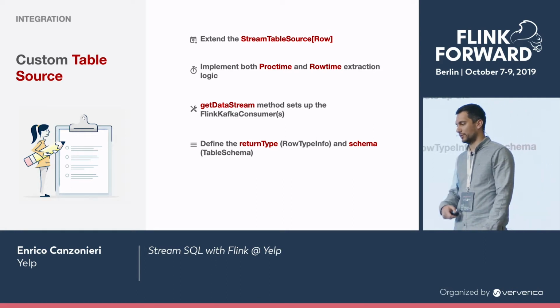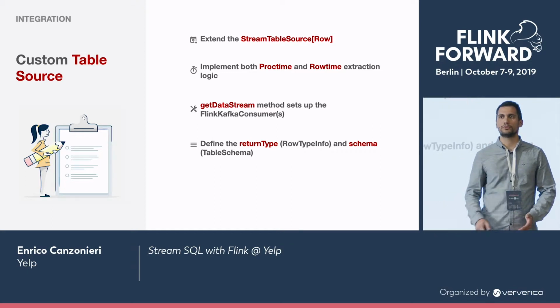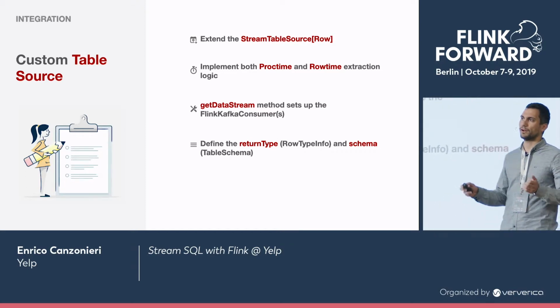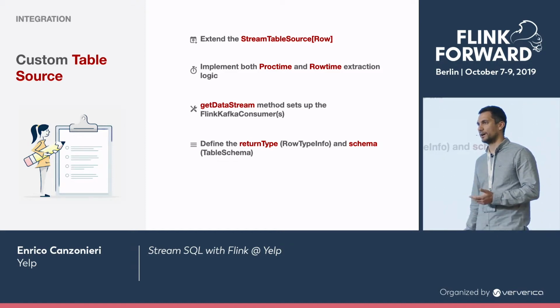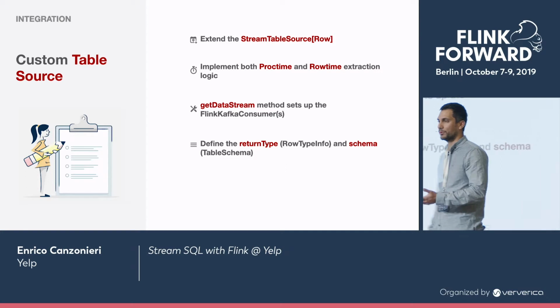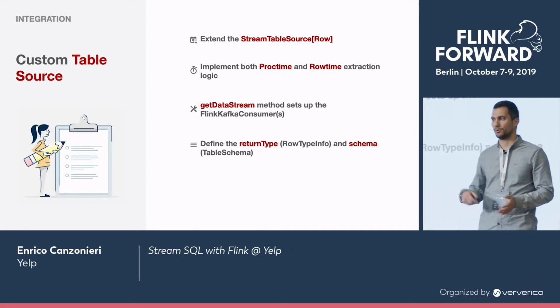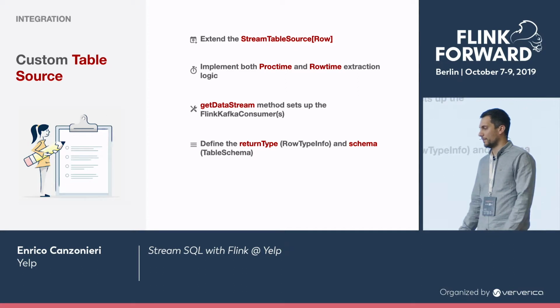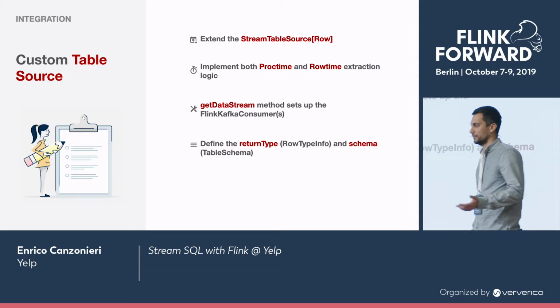At Yelp, we have a somewhat complex data structure that represents our messages flowing through Kafka. So we actually had to customize the table source to adapt and translate our data type to what Flink would expect. If you have a similar situation, doing that is actually not terribly complicated.